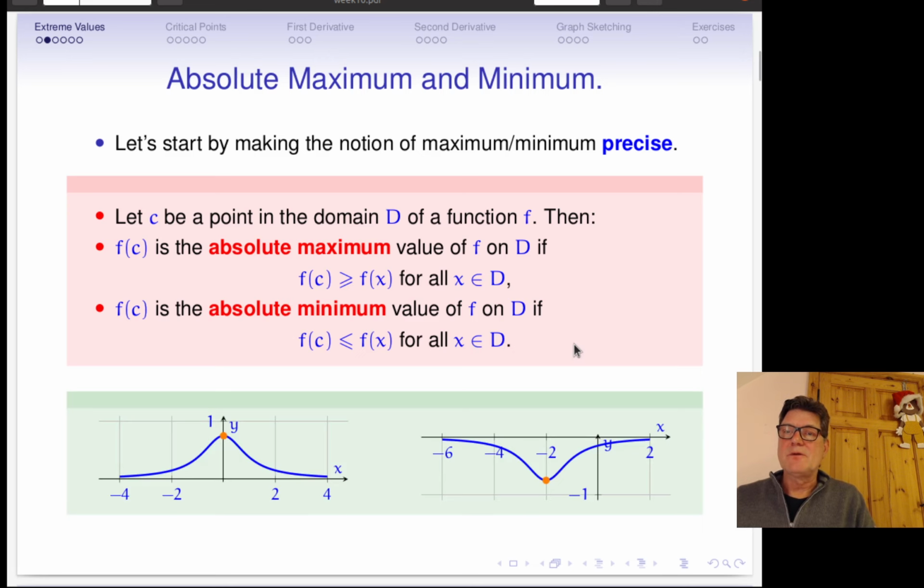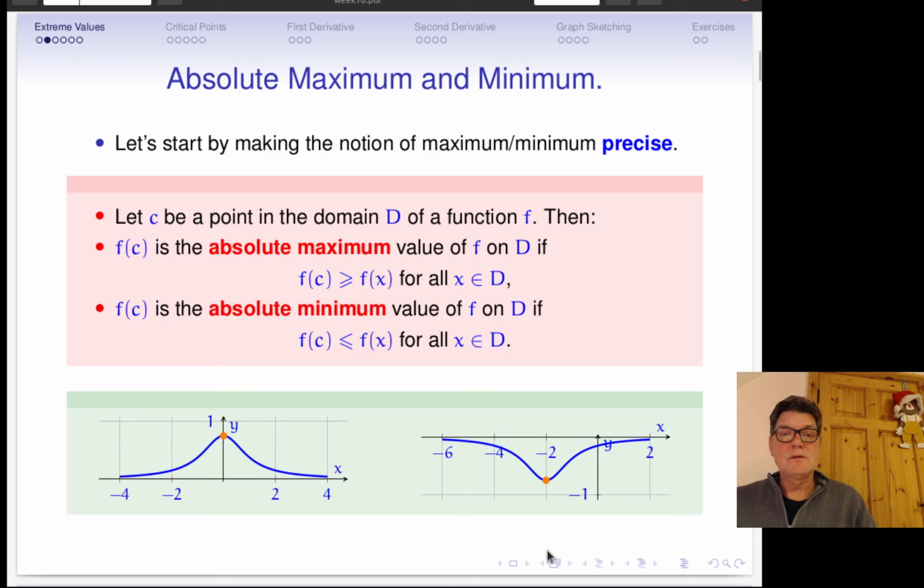Here in the diagram we see the graphs of two functions, and the orange dots indicate on the left a typical absolute maximum value, for c equals 0 it seems. This graph indicates that all other values of the function lie below the value that f takes at 0.